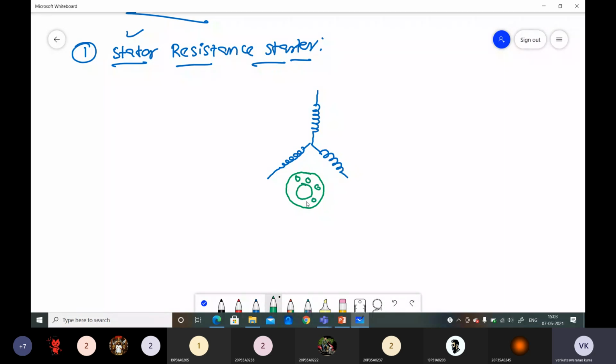These are rotor conductors. This is a squirrel cage induction motor because the conductors are short circuited by end rings.